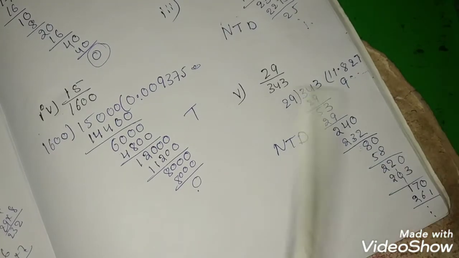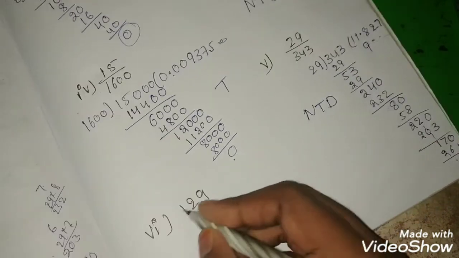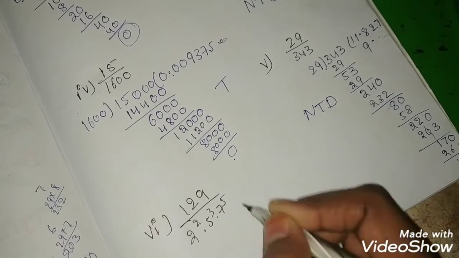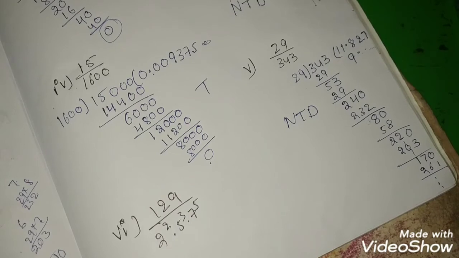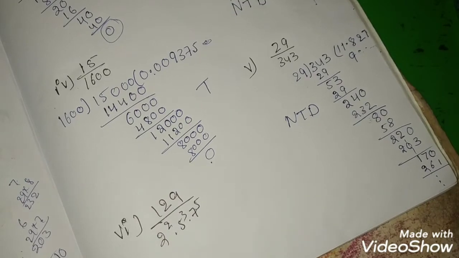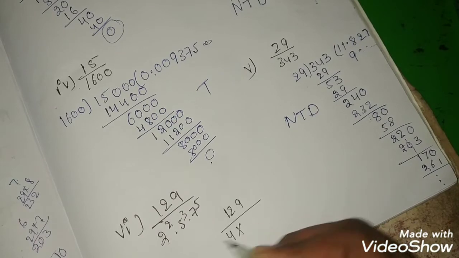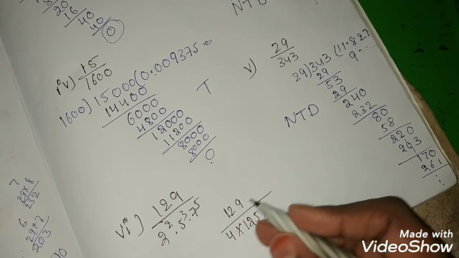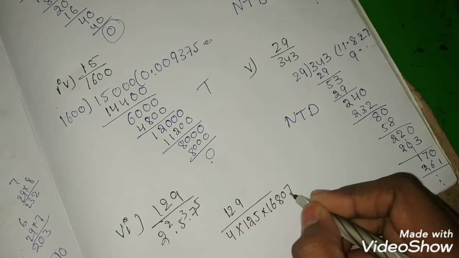Next, you have to do the sixth question as homework. That is 129 divided by 2 square into 5 cube into 7 power 5. How you have to do it: 2 square is 4, 5 cube is 125, and 7 power 5 is 16807.